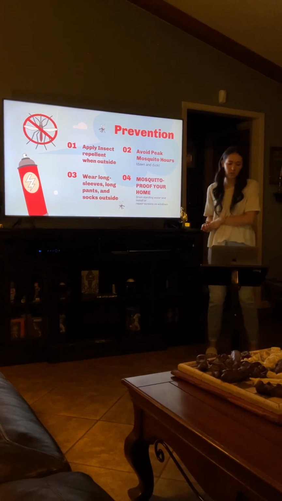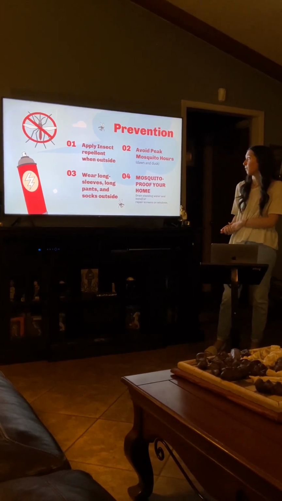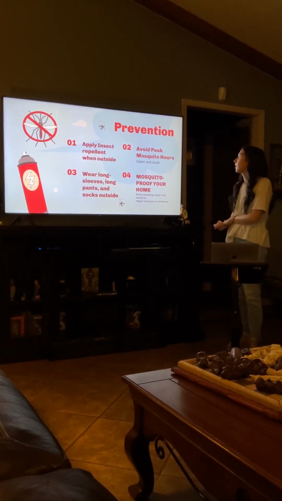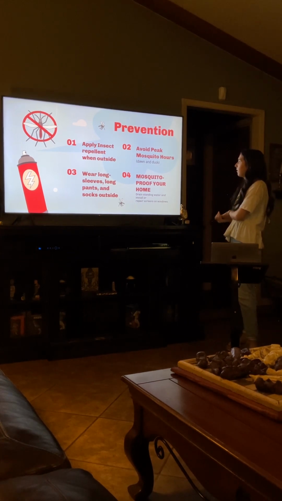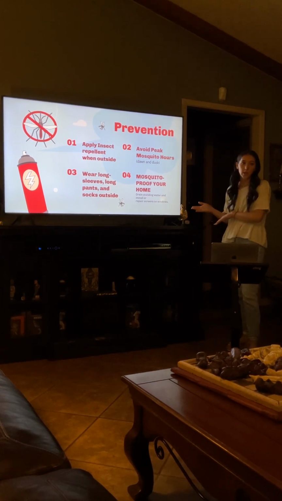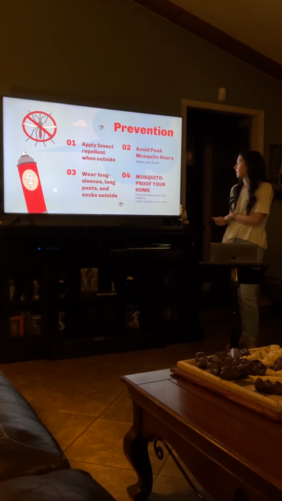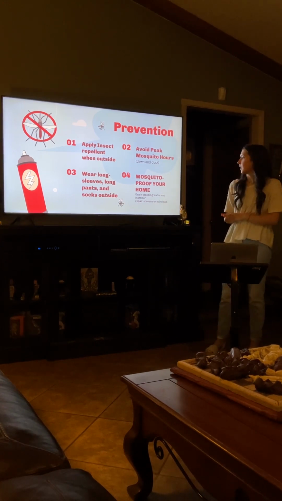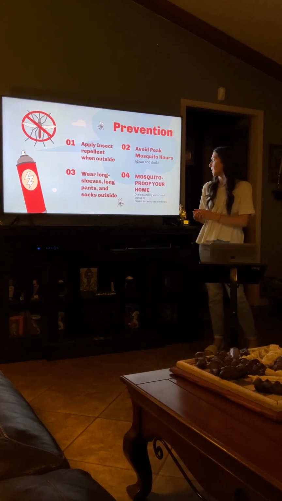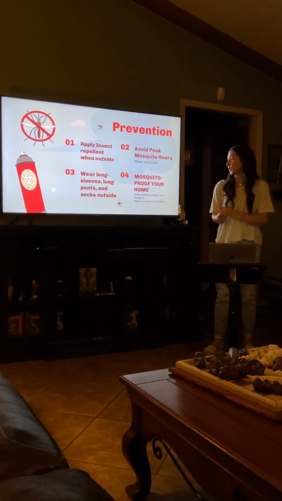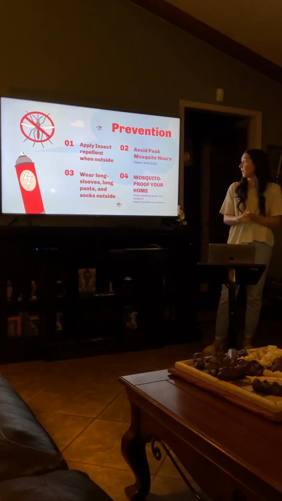For prevention, you can apply insect repellent when outside, avoid peak mosquito hours, which is at dawn and dusk, so sunrise and sunset. Wear long sleeves, long pants, and socks outside to reduce the amount of skin showing.